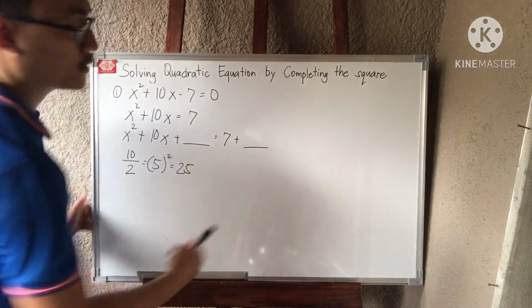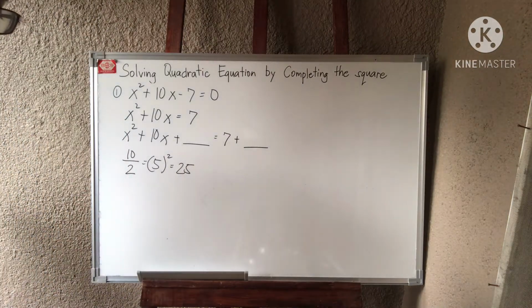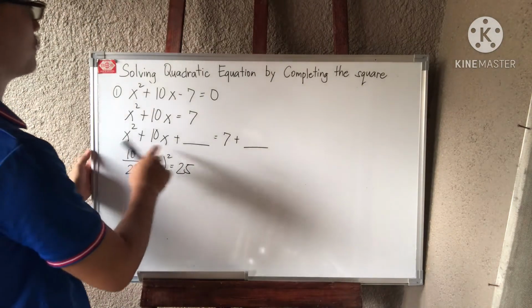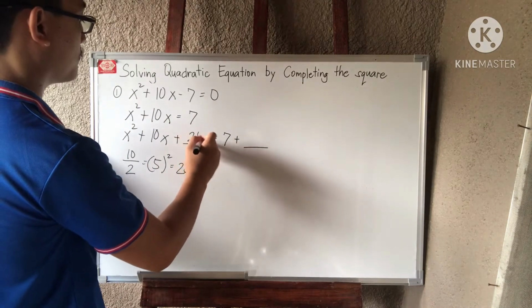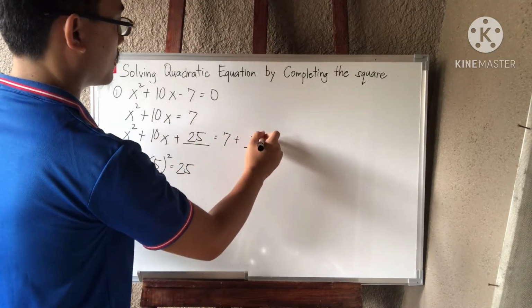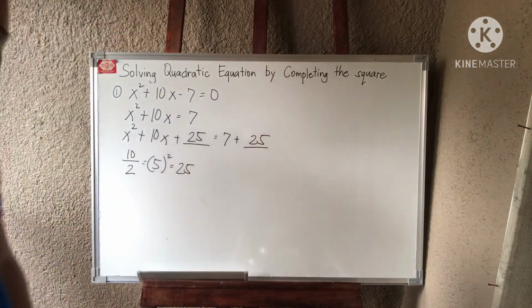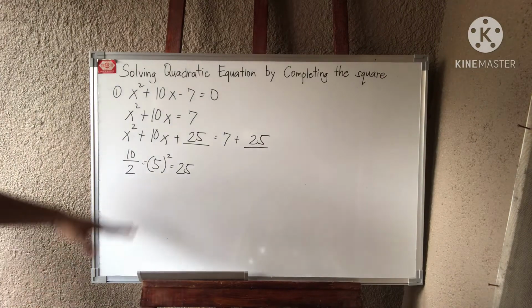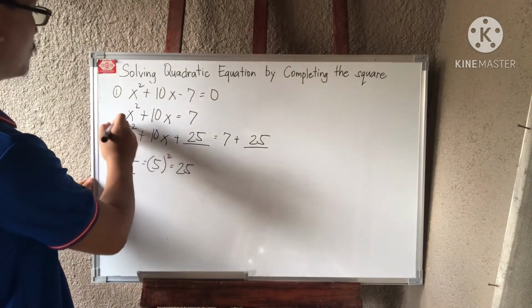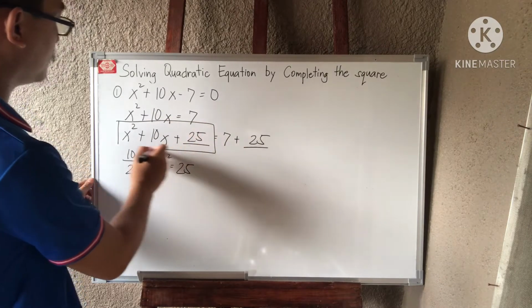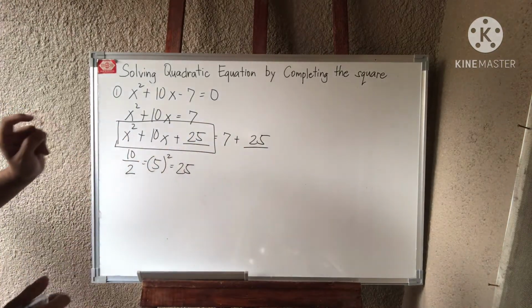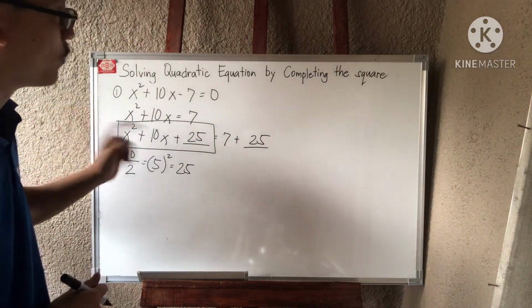To make it complete, kasi nga completing square. So, plus 25. Sa kabila, plus 25 din.